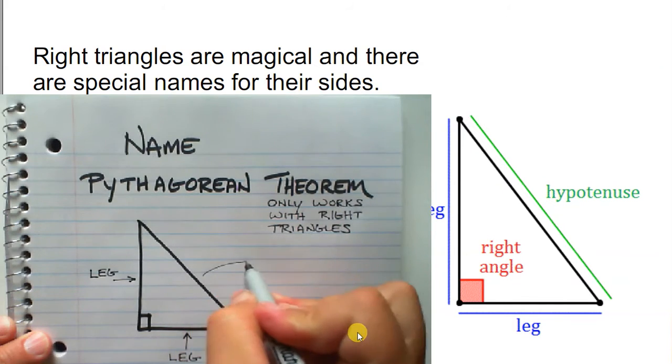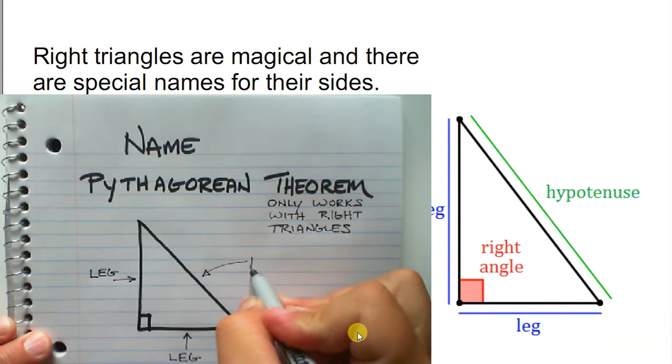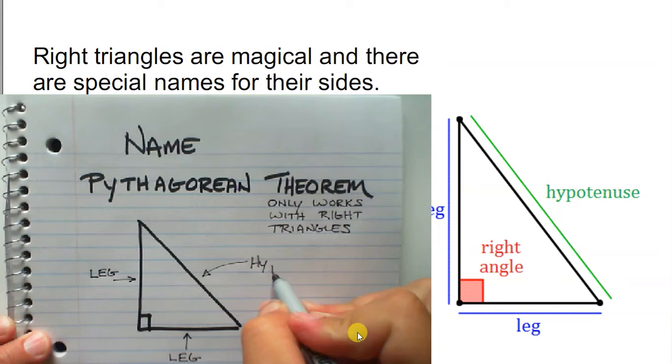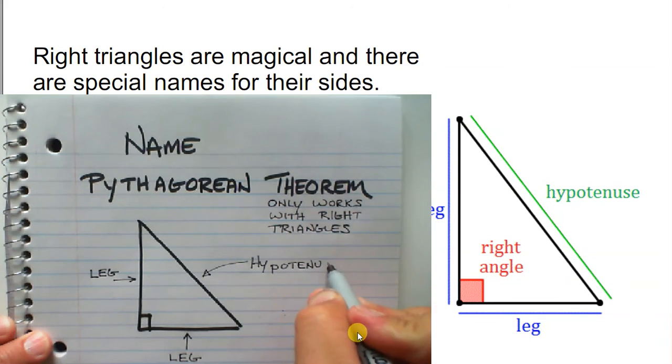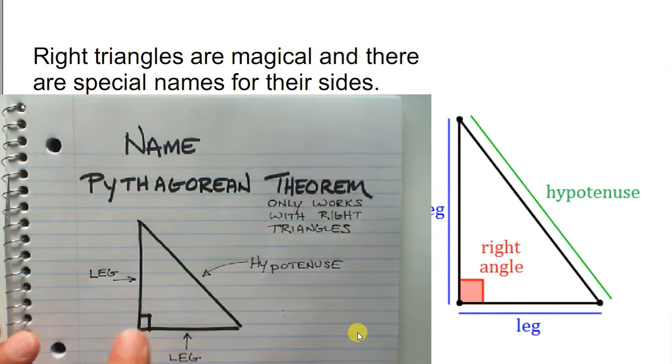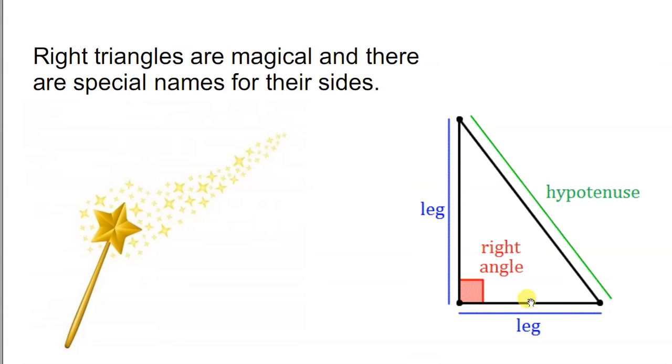This side is called the hypotenuse. So I have a leg, leg, and a hypotenuse.